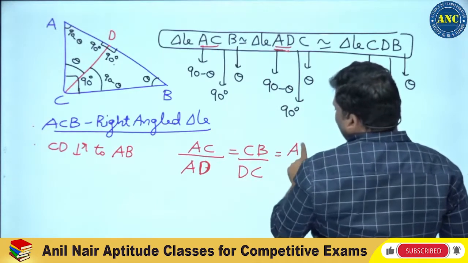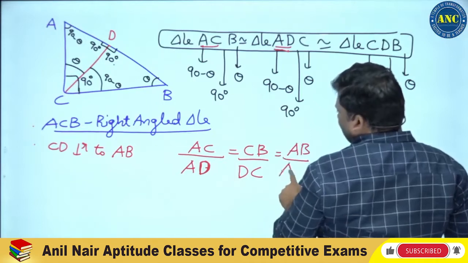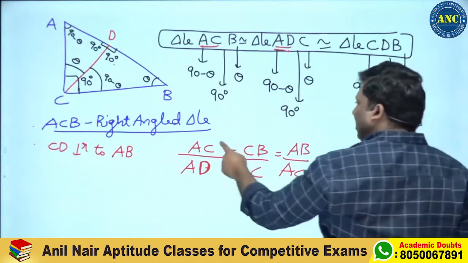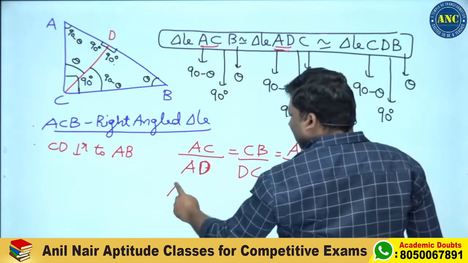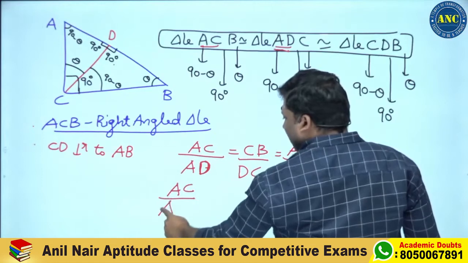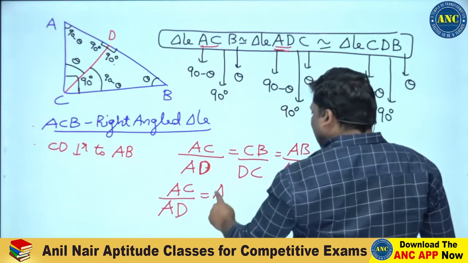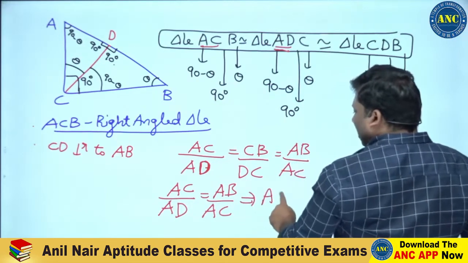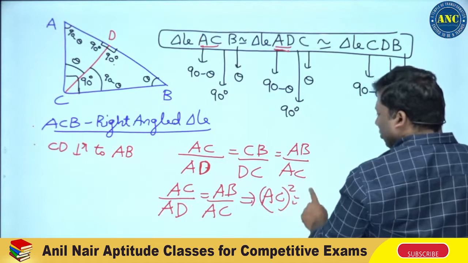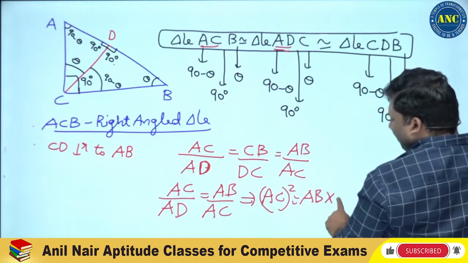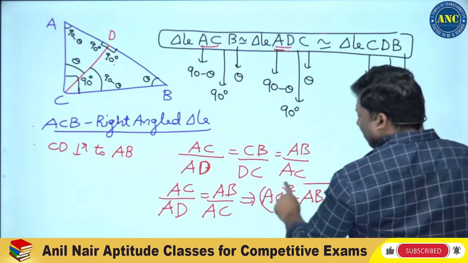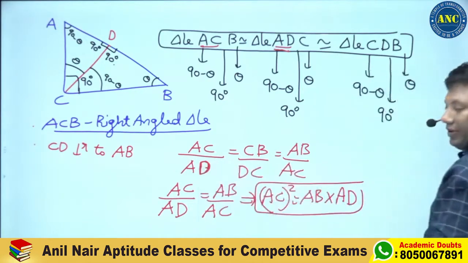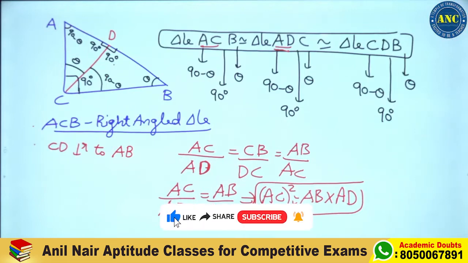It is equivalent to AB divided by AC. Are you all with me? So if I take first and third, AC by AD is equivalent to AB by AC. So this will become AC whole square is equivalent to AB into AD. First point clear?